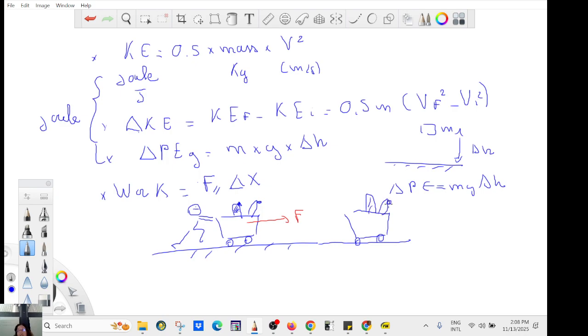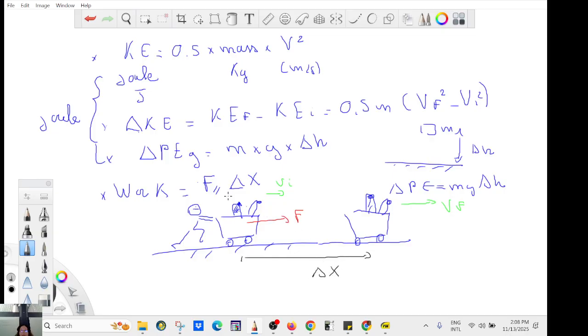So what's going to happen? The speed of the cart is going to increase, right? So it's going to move faster. So there is an acceleration, F equals ma. So it has an initial velocity, and here it's going to have a final velocity. Because you apply a force here over a distance, that distance I'm going to call delta x.